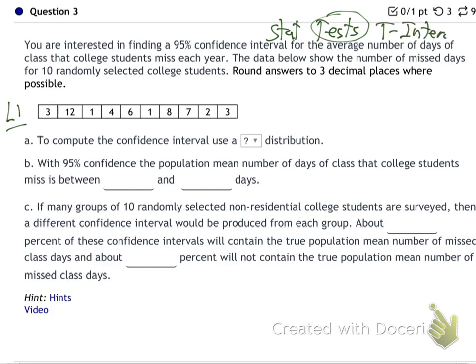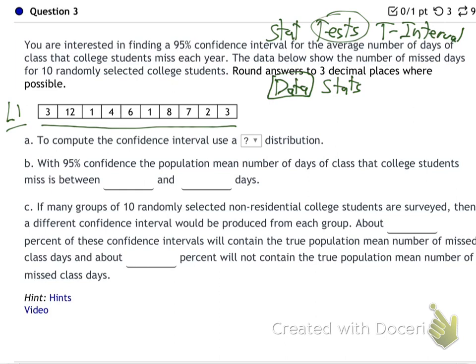It's the same test, but this time we're going to choose data instead of stats. You know how we have those 2 options right at the top? Either data or stats. So this time we're actually going to compute the confidence interval from this data.